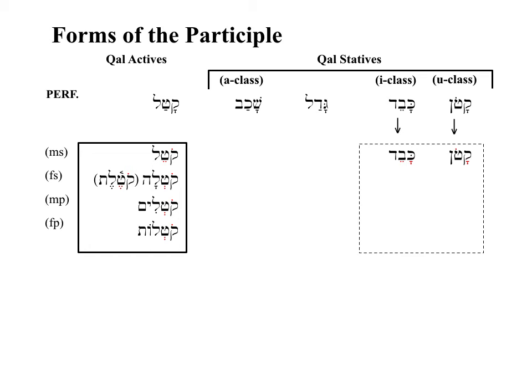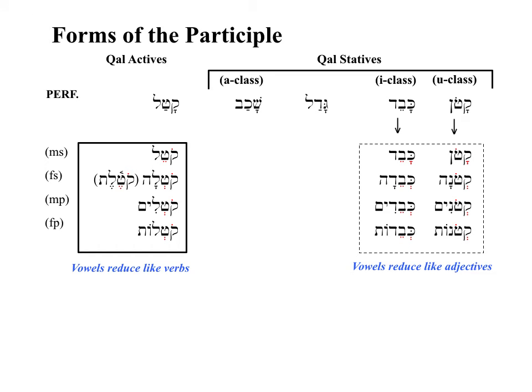So kaved has the same participle, kaved. The verb katon, to be small, has the same participle. And then they will reduce just like you would expect an adjective to reduce, just like the nouns that we saw. So kaved, kaveda, kavedim, kavedot. Or katon, ketona, distant open syllable reduces, ketonim, ketonot.